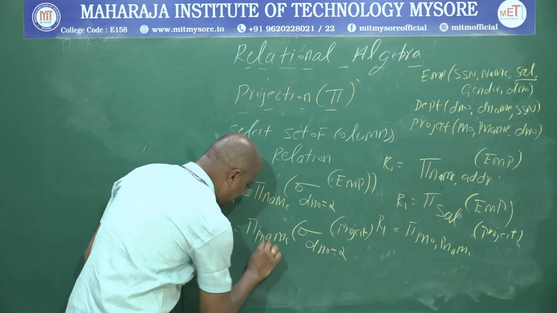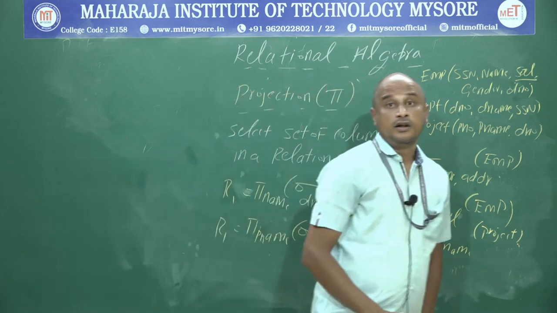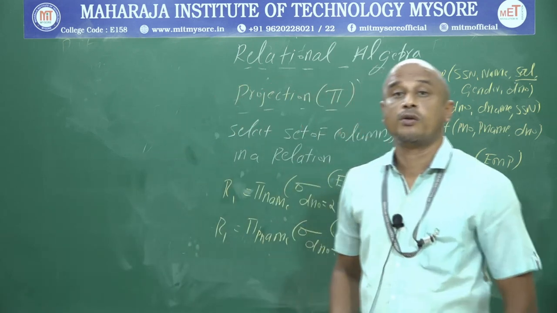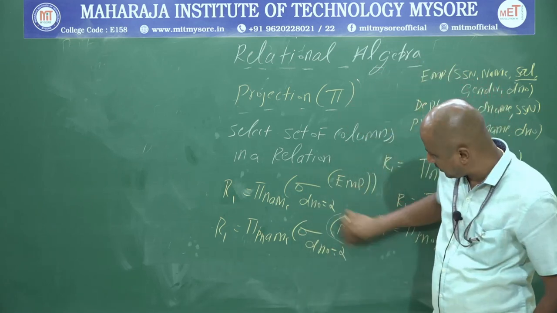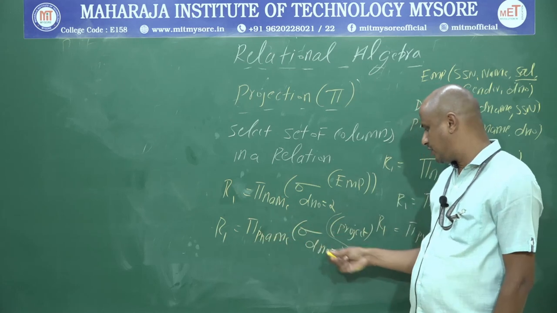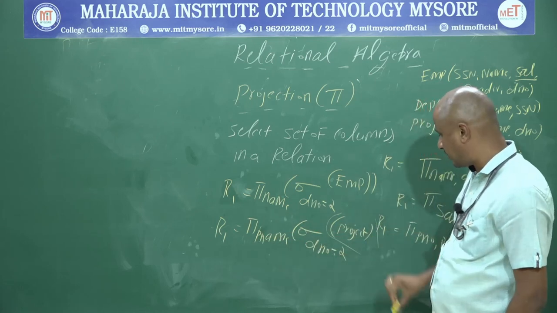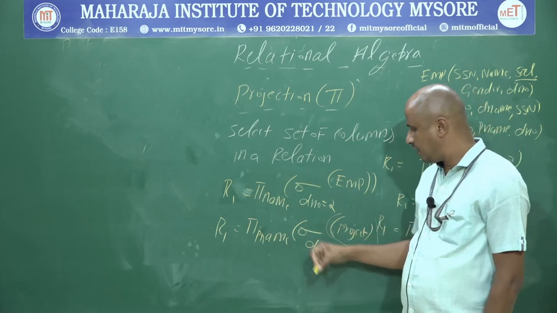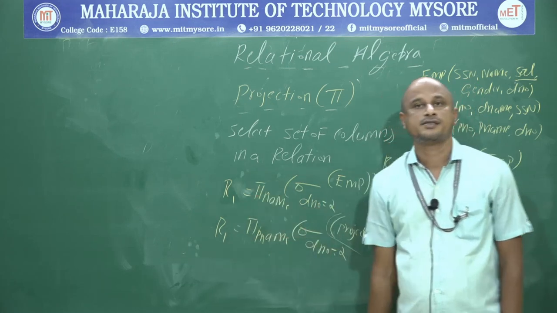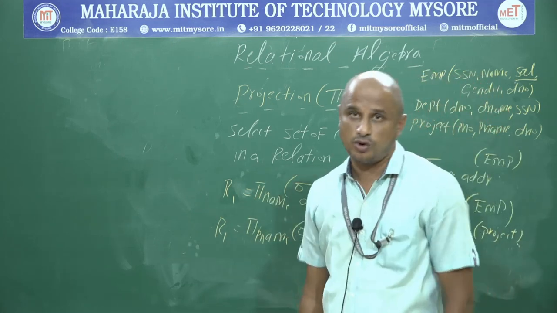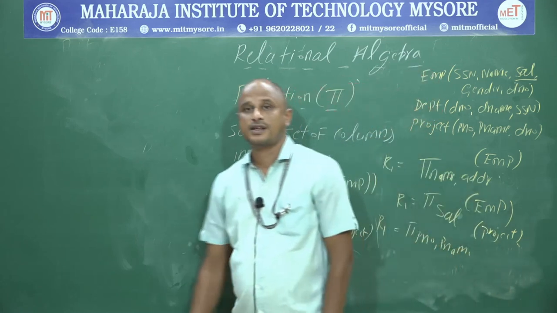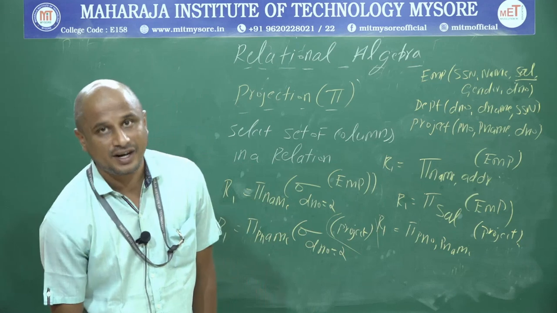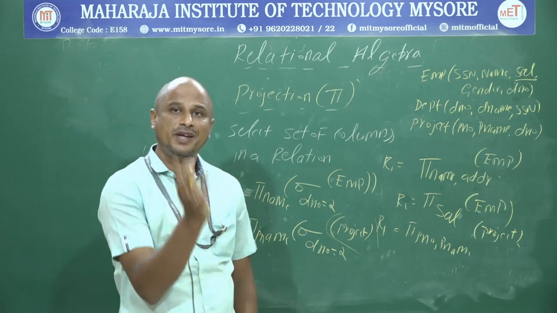So the P name of a project, with details provided, controlled by department number 2. So I can specify it like this. P name, condition specified, from the project table, D number, P name is retrieved. R1 contains the details of P name controlled by department number 2. So like this you give a combination of selection condition with the projection symbol.